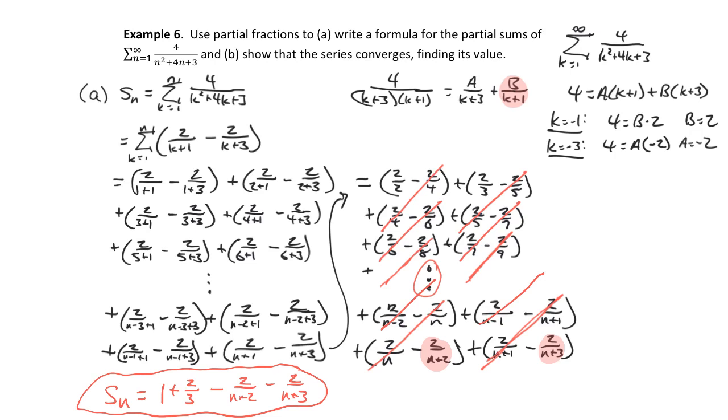Now for part B, we are asked, hey, let's find out what that sum is. Well, we want to look at the limit as n goes to infinity of S sub n.